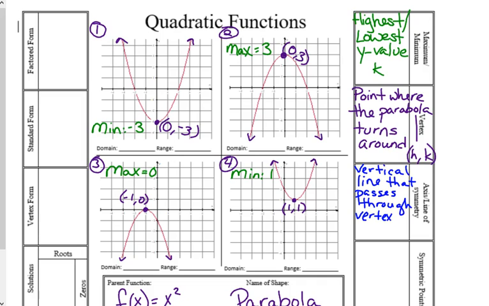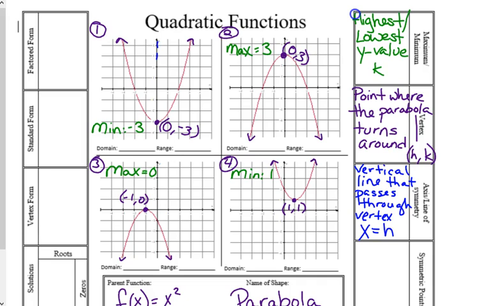This cuts the graph in half. Remember, symmetry just means that it's the same on both sides, like a butterfly or a snowflake. Human face is roughly symmetrical. And those are always going to be represented by x equals h. And the h, of course, also comes from the vertex.